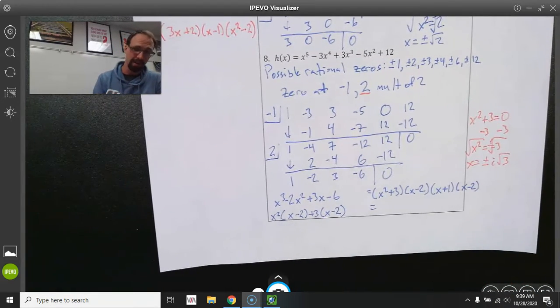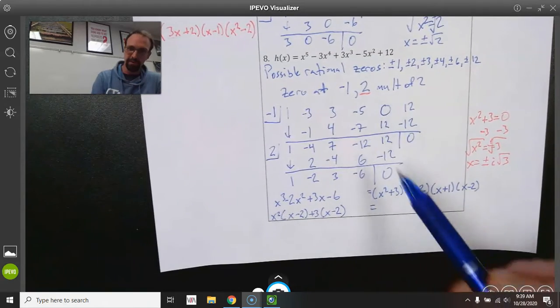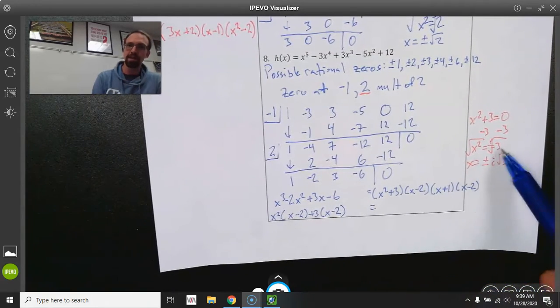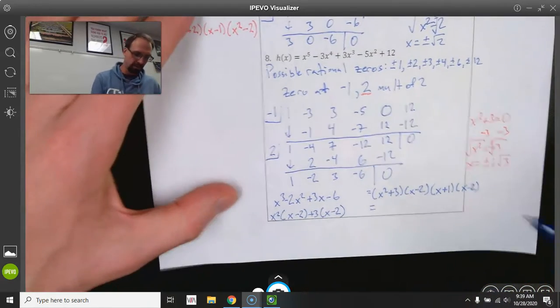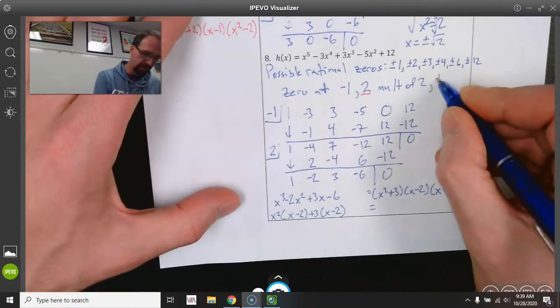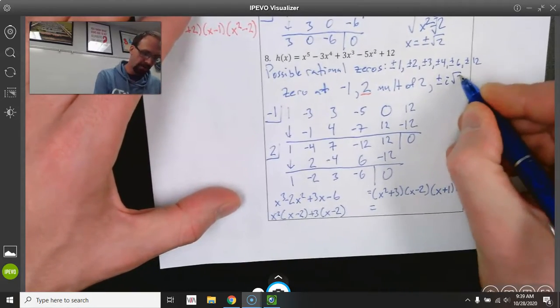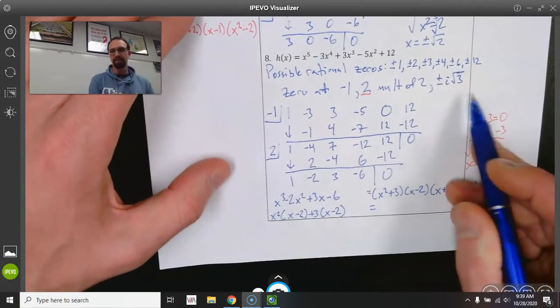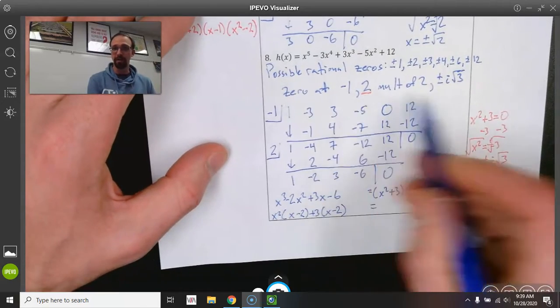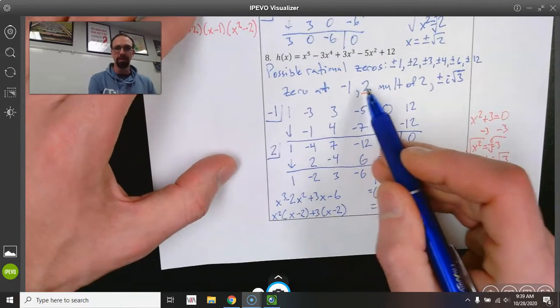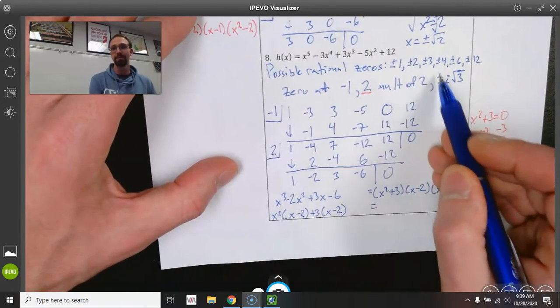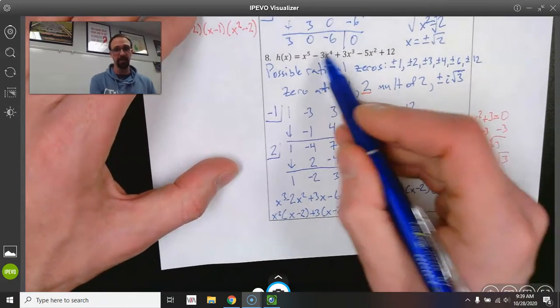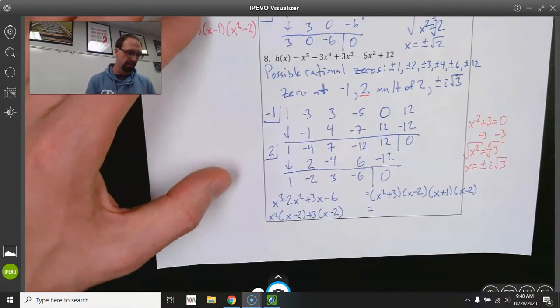I apologize for that. So what we're talking about here is that we had the multiplicity of 2 with 2, so that's why we have that twice. We have these imaginary solutions as well. So we have plus or minus i square root of 3. So I have all of my zeros. I have 1, 2, 3, 4, 5 of my zeros, and notice the degree of my polynomial is 5 as well.